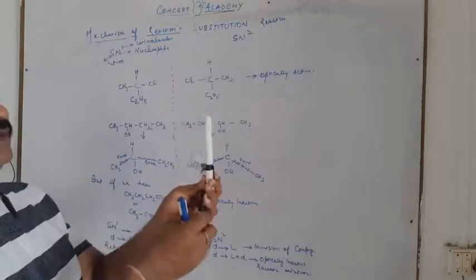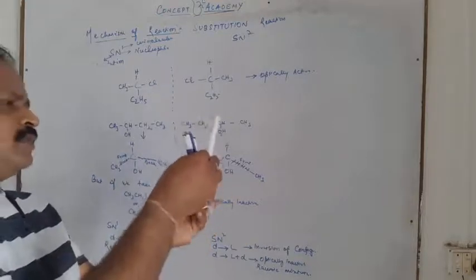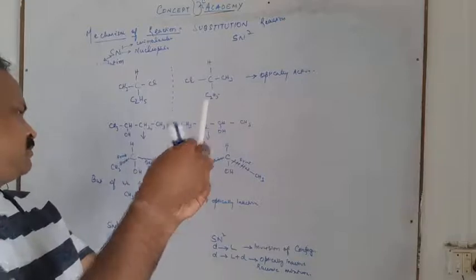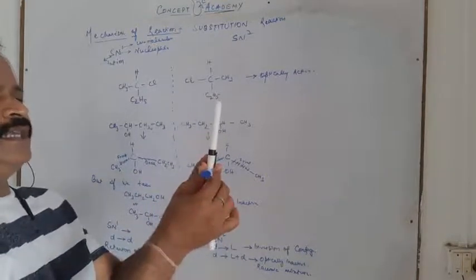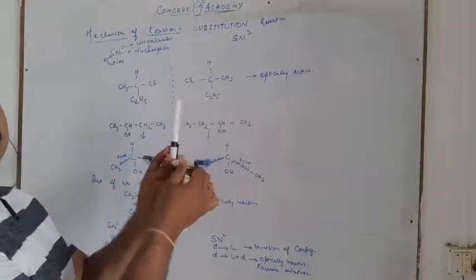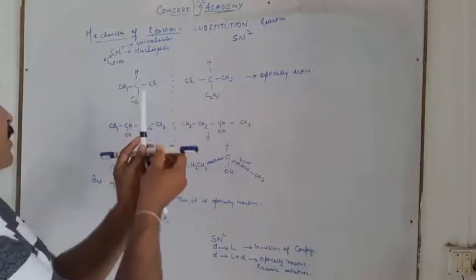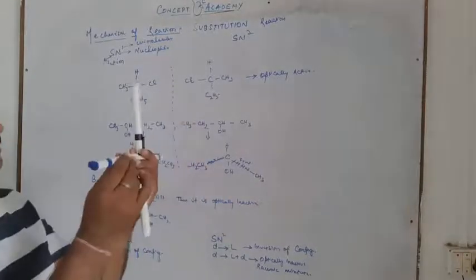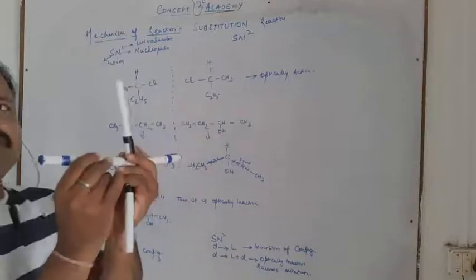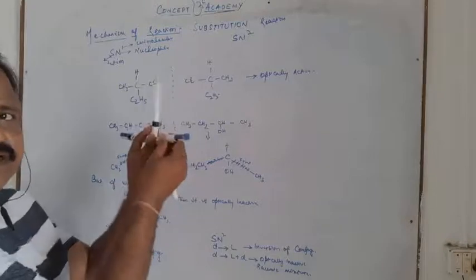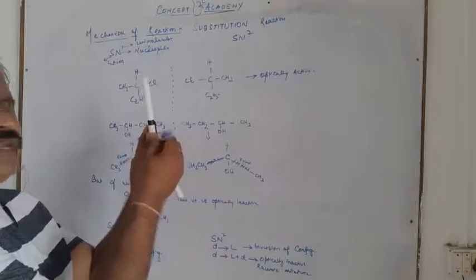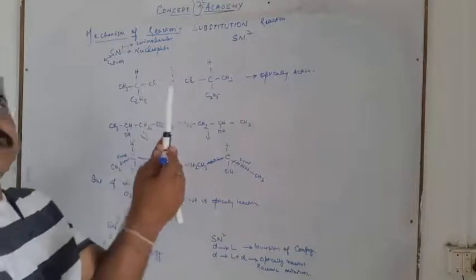Here on this side OH is attached, and at the back side is the ethyl group, that is CH2CH3, and at the front side the CH3 group is attached.